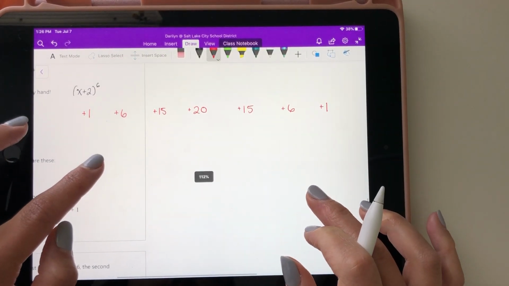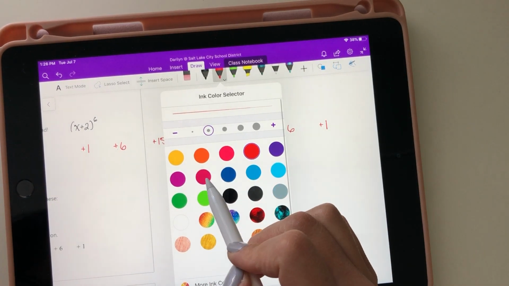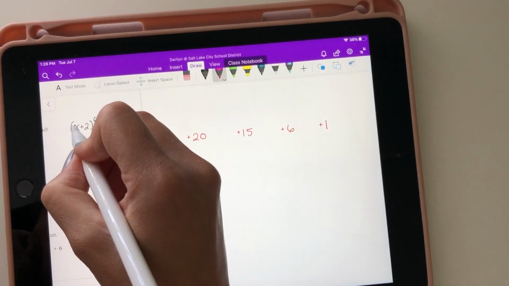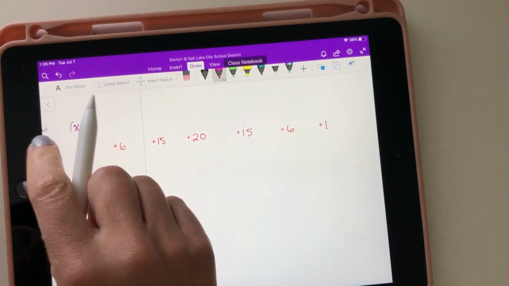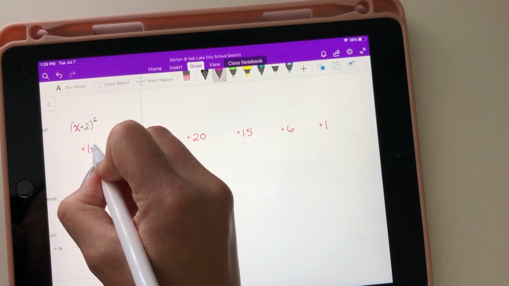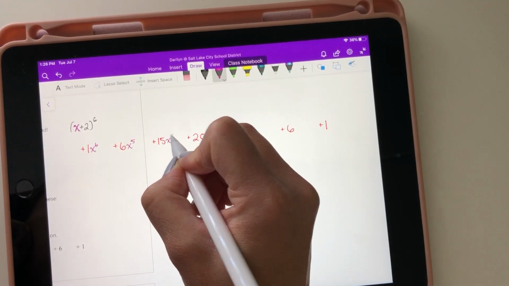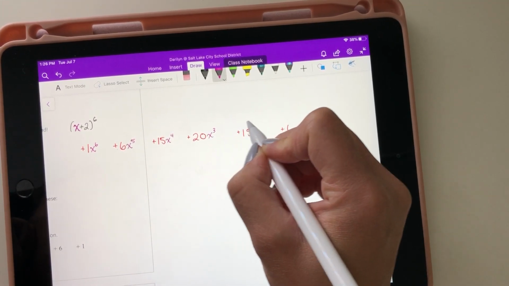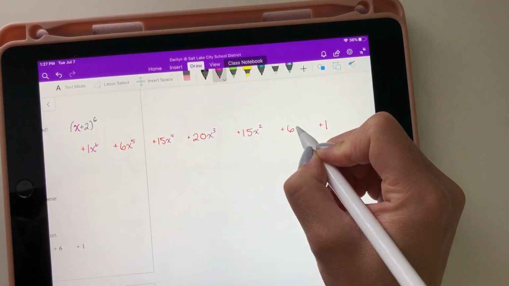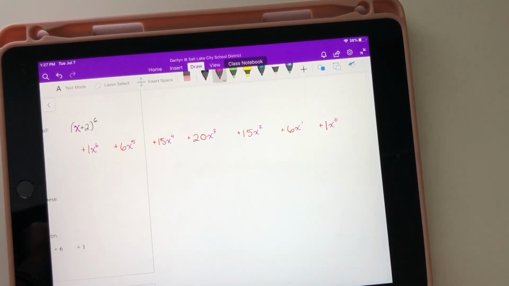All right, so now I'm going to do the same thing I did before. I look at my first variable, and it is an x. My exponent is 6, so I'm going to do x to the 6th, x to the 5th, x to the 4th, x to the 3rd, x to the 2nd, x to the 1st, x to the 0.